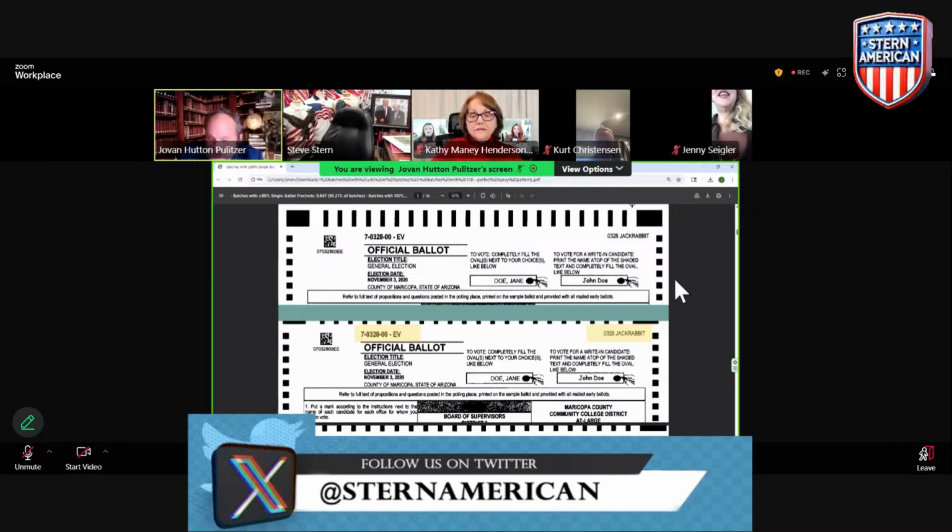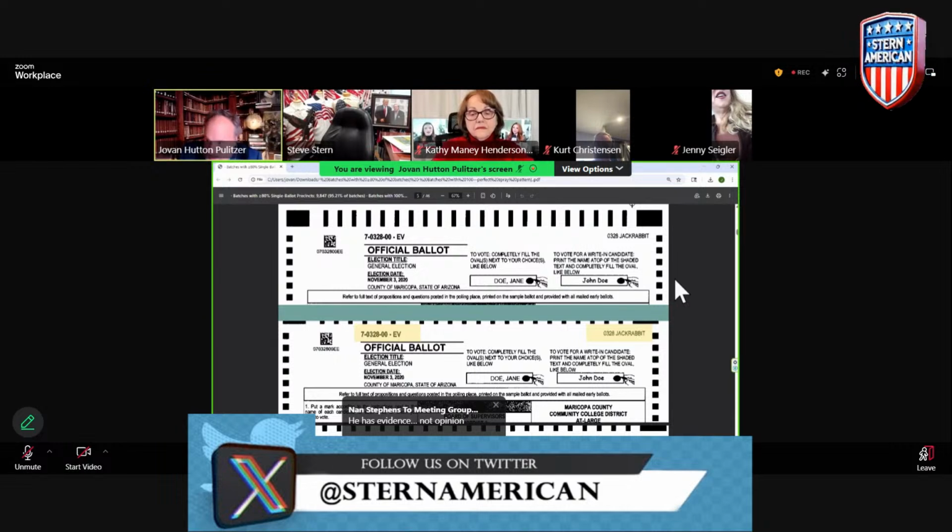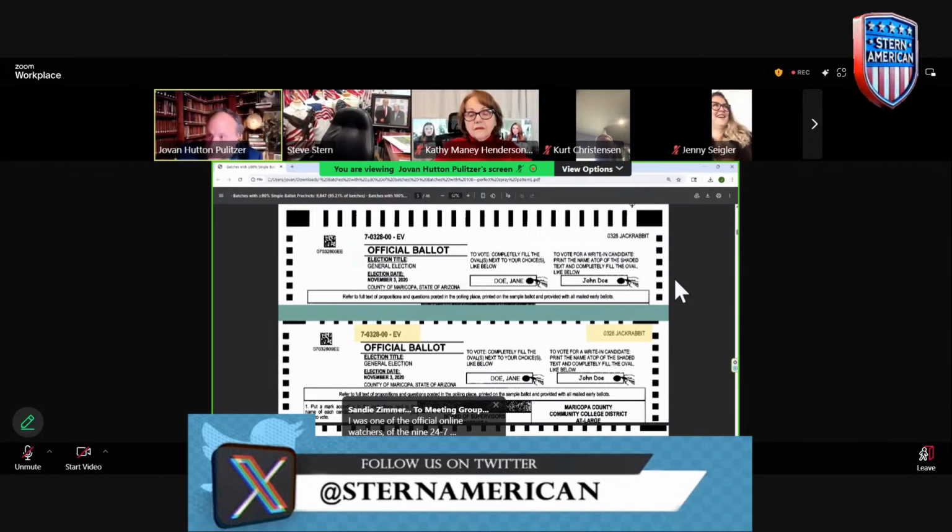But remember, if you're doing an audit, you're trying to find out what really happened, okay? So there's 6 versions. The cast vote records begin with the pre-image. That's when the ballot goes in the machine. Then there is the post-image, the image of, okay, what happened in between adjudication. And then there is the text file, which gives it in a text version. And there's 2 versions of each.